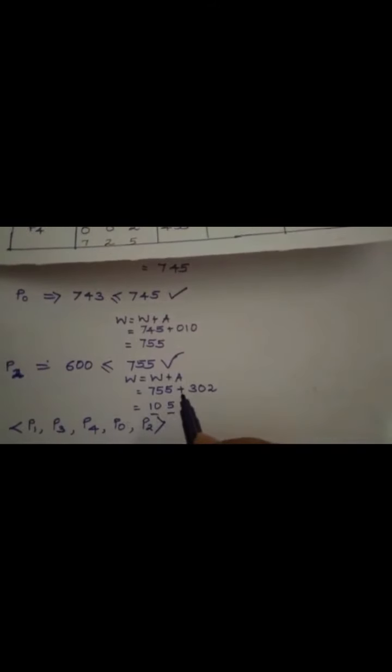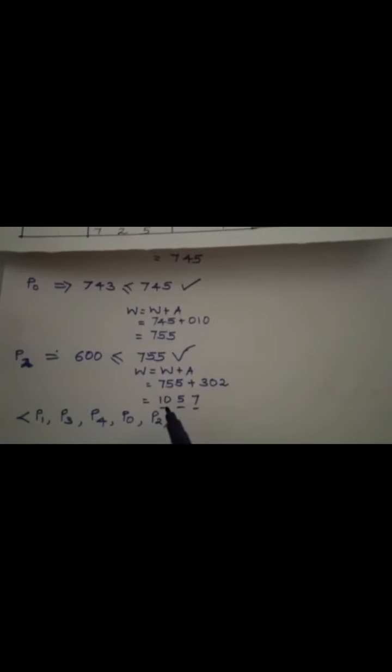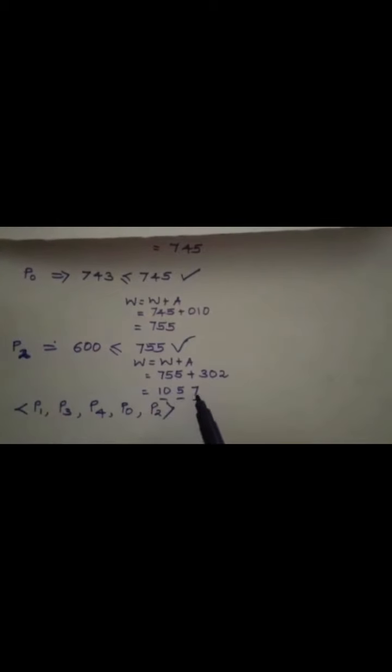After that, the last process to be completed is P2. The need of P2 is 6, 0, 0. This will be compared with the current work, which is 7, 5, 5. Here 6, 0, 0 is less than 7, 5, 5. Condition satisfied. Work is equal to work plus allocation.